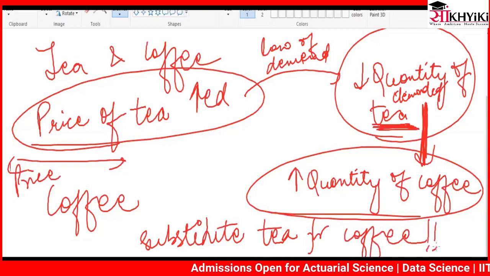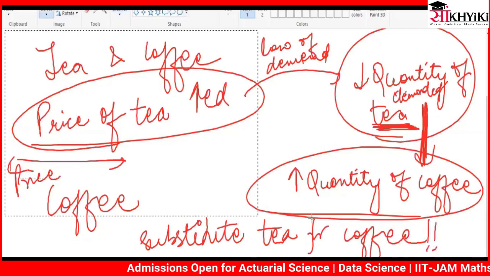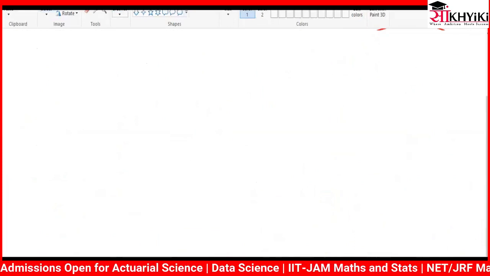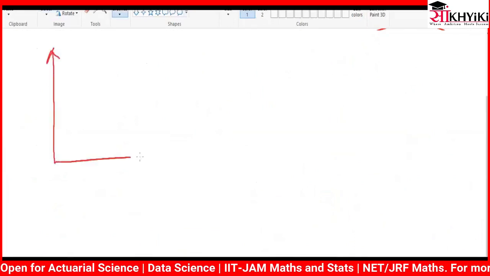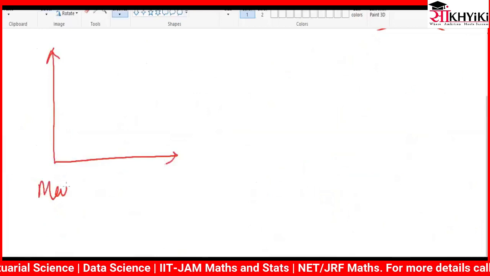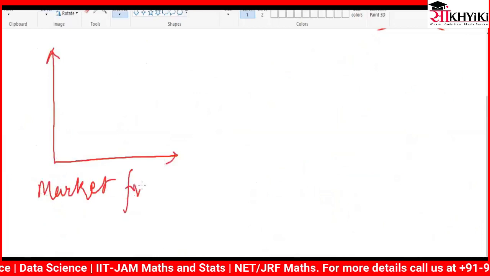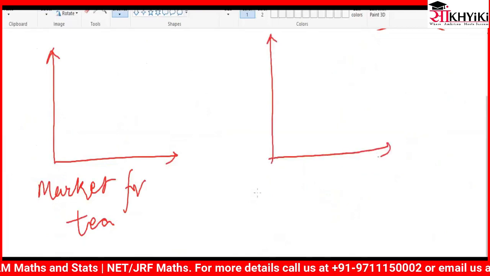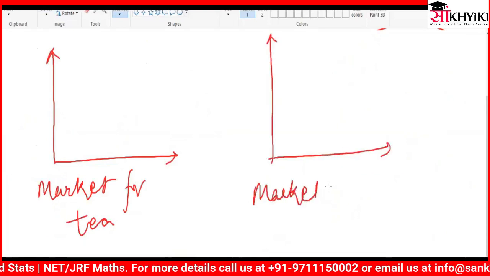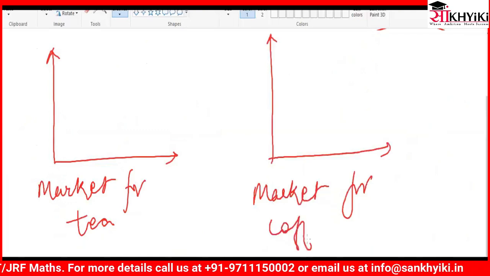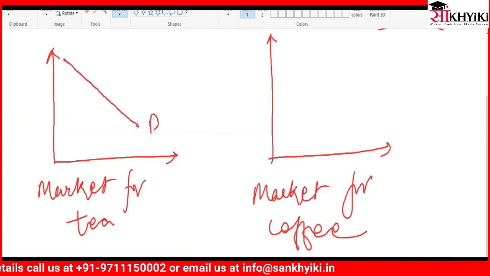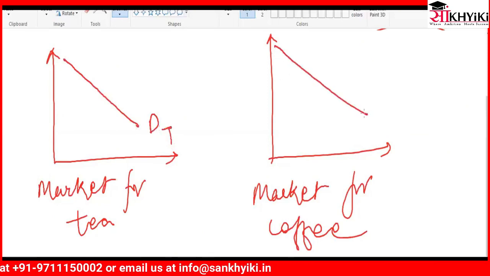Okay. Now, how does this look in the graph? Let's say that this is the market for tea, and this is the market for coffee. This is the demand function of tea and this is the demand function of coffee.